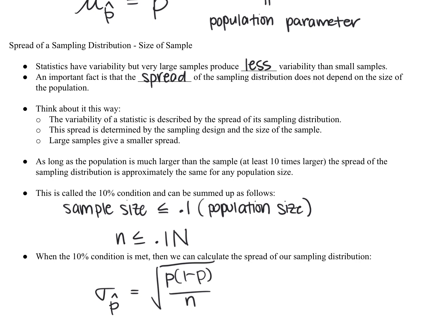We use our parameter p here instead of our p hat because we already know we have an unbiased distribution, so our mean is equal to the parameter. When it comes to calculating our spread, we use our parameter again instead of our sample statistic.